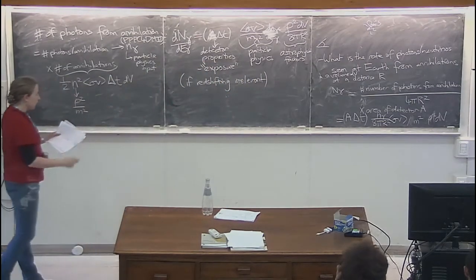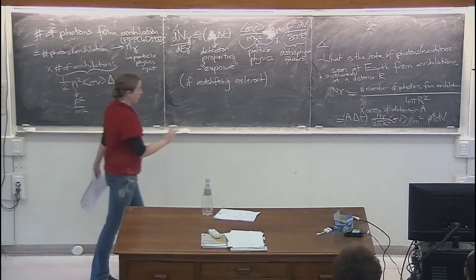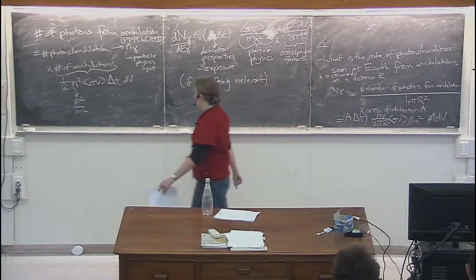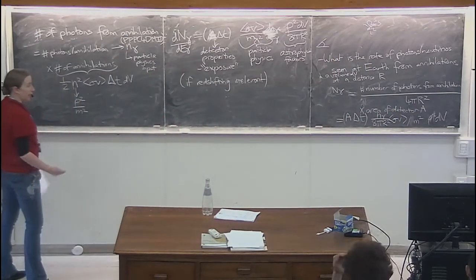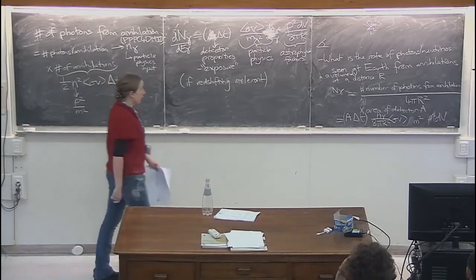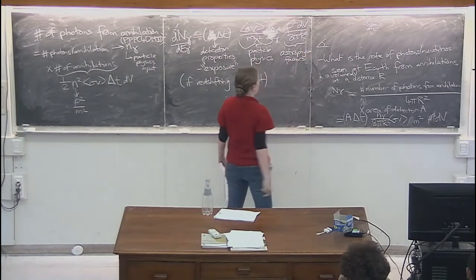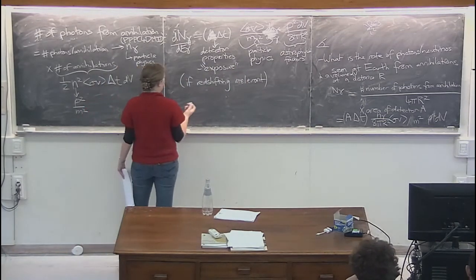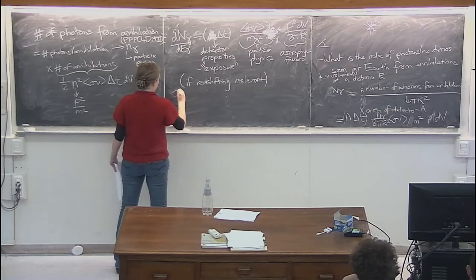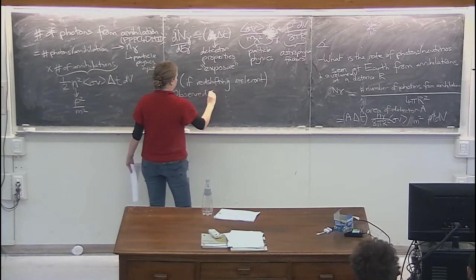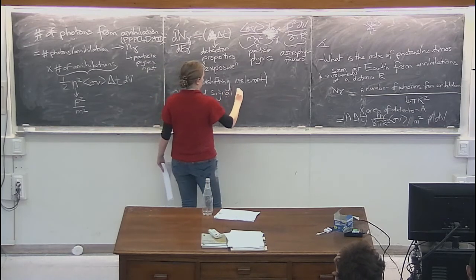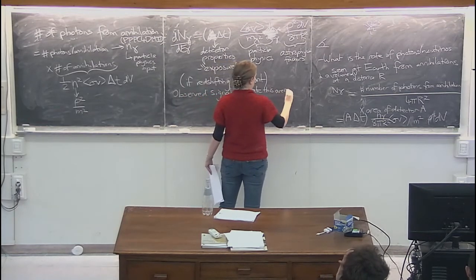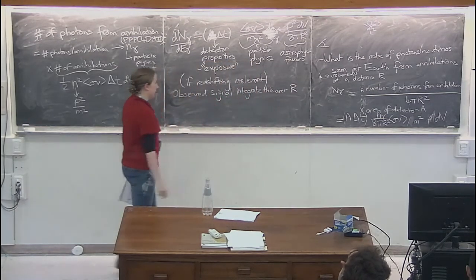Okay, so now I am typically not going to be able to tell if a given photon came from 1 kiloparsec away or 8 kiloparsecs away, for example. So I'm going to need to integrate over this parameter capital R. So the observed signal will be an integral of this over R, over the distance to my object.